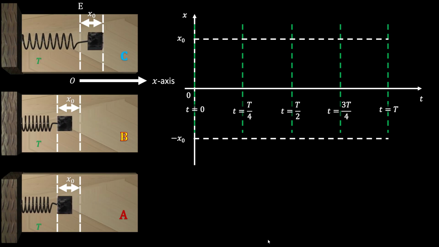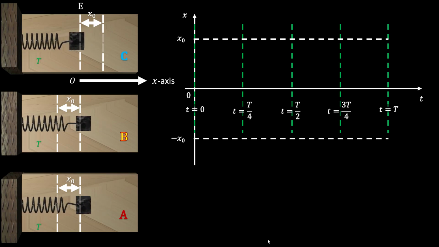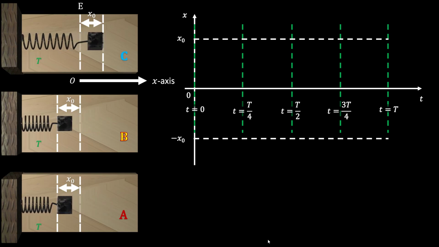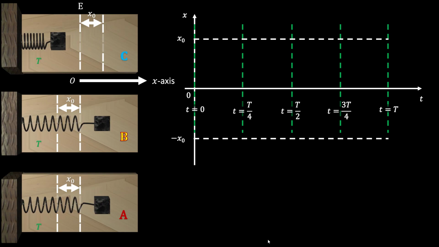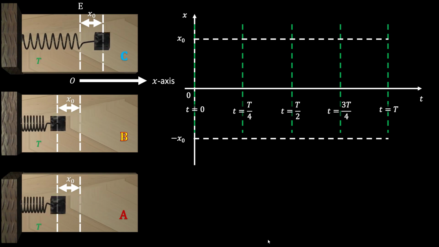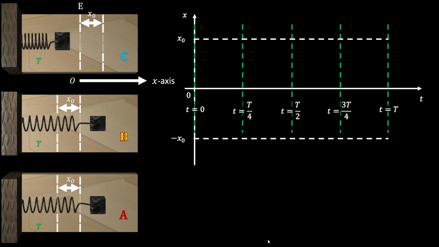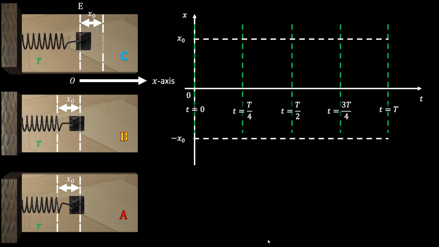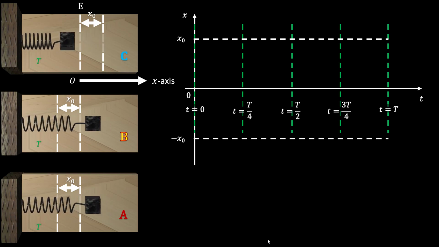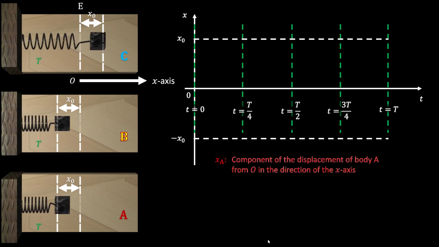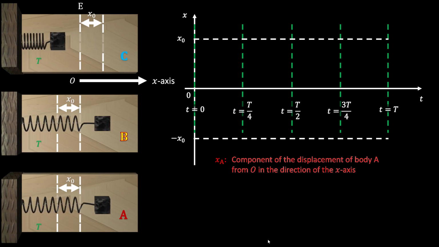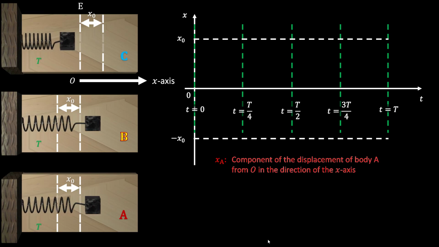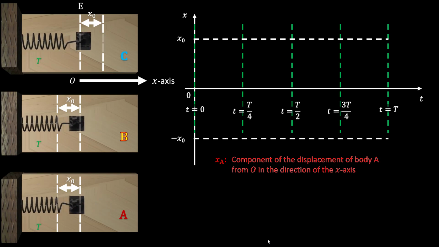The t-axis starts at 0 and is spaced every quarter capital T, or in other words, quarter time period. The amplitude positions have also been placed at x equals plus x naught and x equals minus x naught. Let us denote x subscript A as a component of the displacement of body A from O in the direction of the x-axis.